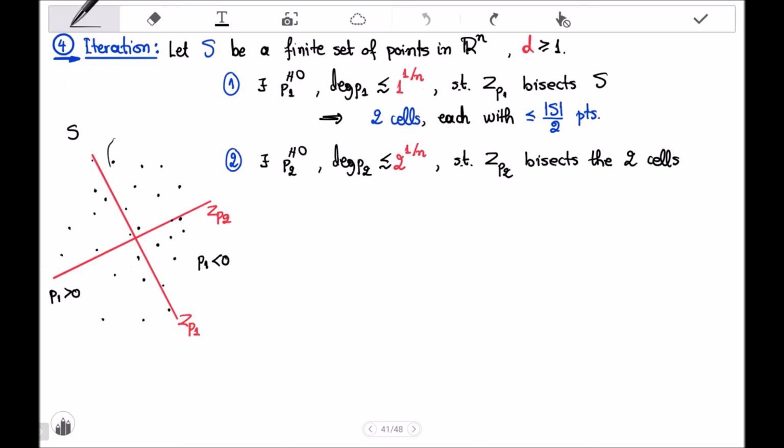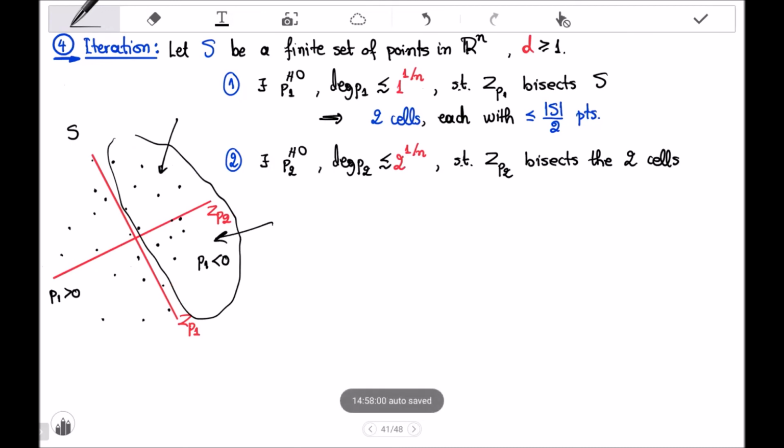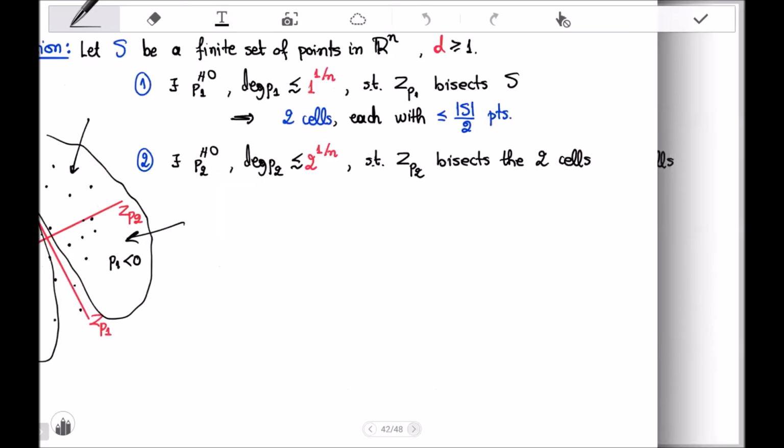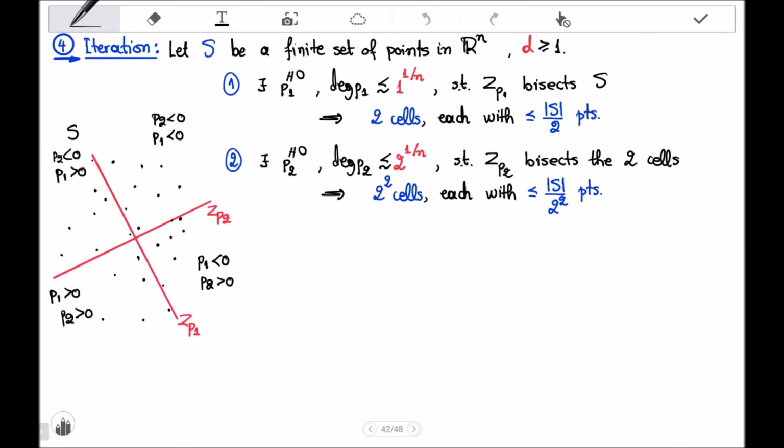Here was the original cell on the right, where the polynomial P1 was negative. We have split it in two parts, one where P2 is positive and one where P2 is negative. Similarly, this cell was split in two parts, one where P2 is positive and one where P2 is negative. So the two cells have become 4, have doubled, and each still contains at most the average number of points.